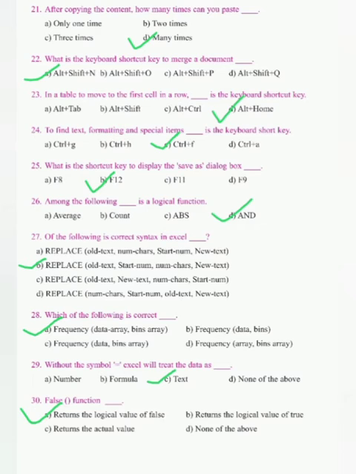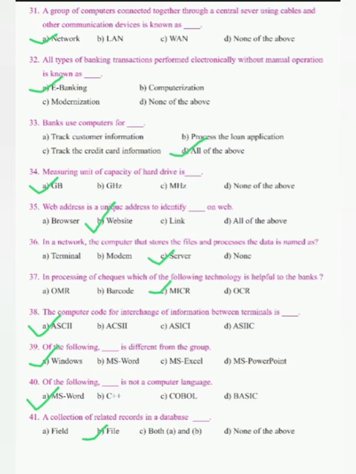The FALSE function: A. Returns the logical value of false, B. Returns the logical value of true, C. Returns the actual value, D. None of the above. Answer: returns the logical value of false. A group of computers connected together through a central server using cables and other communication devices is known as what?